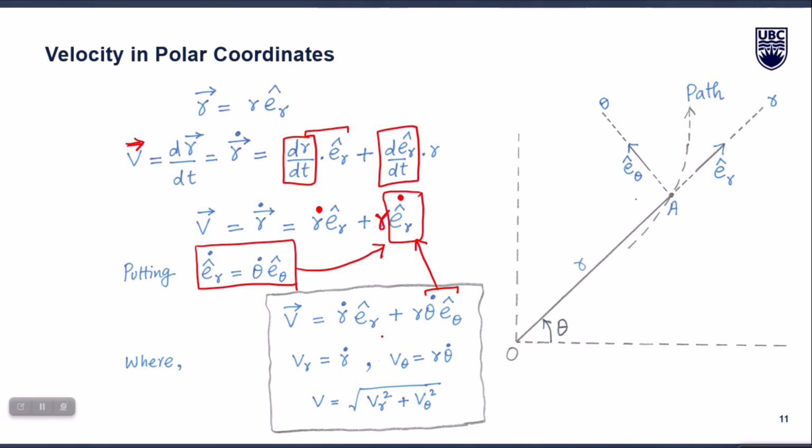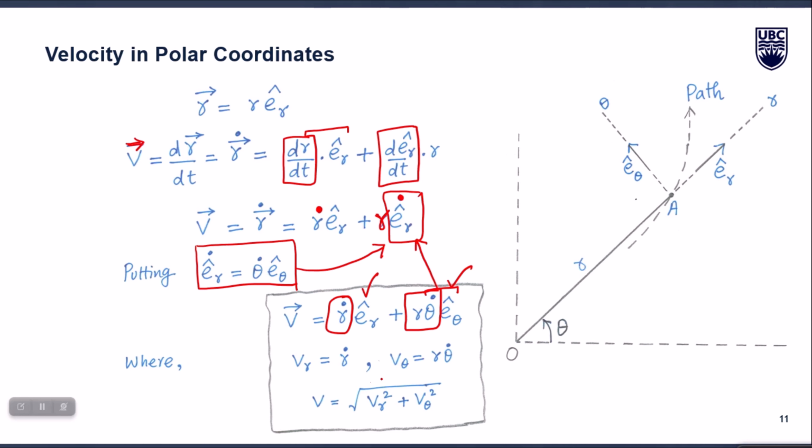So now we have written velocity as a sum of two vectors. One vector has a direction E sub r, the other has a direction E sub theta, right? So now it is a complete formulation of velocity vector as a sum of two components. We can call this quantity the r component of velocity, and we can call this quantity the theta component of velocity, right?